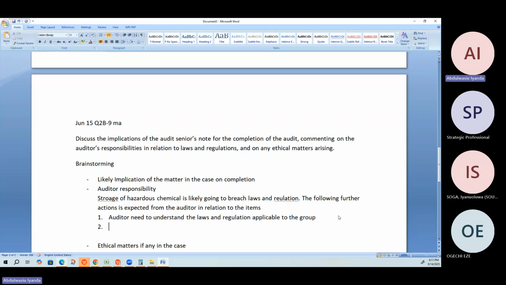And another thing is that when you are trying to bring up the answer, always try as much as possible to arrange it in a logical order. For example, in our accounting standard like IAS 36, we said that you need to first of all assess whether there's an indicator.